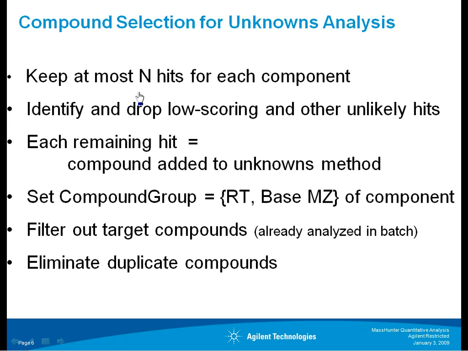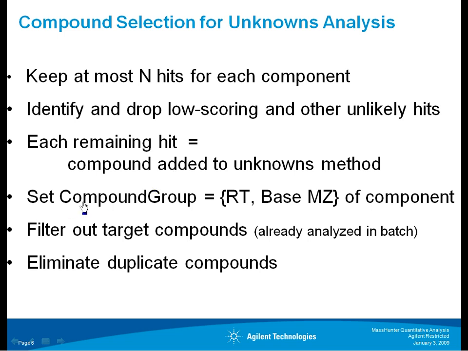Let's take a look at the steps in the algorithm. First, we keep only a certain number of hits based on the parameters, and we also identify and drop low-scoring, unlikely hits, again controlled by the parameters. For each remaining hit, we add that compound to the unknowns method.